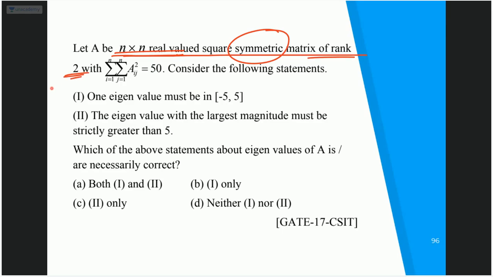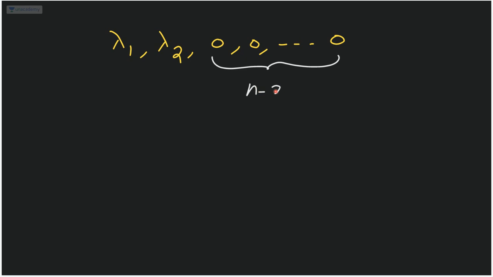Therefore, n minus 2 eigenvalues are 0. So, lambda 1, lambda 2 are non-zero. Remaining n minus 2 eigenvalues are 0. Total n minus 2 plus 2, n eigenvalues.